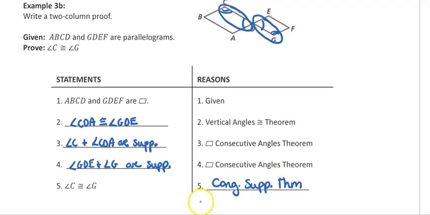What the congruent supplements theorem says is if two angles are congruent to the same angle, then those first two angles are congruent to each other. So because angle C is supplementary to CDA and G is supplementary to GDE, and those two are congruent to each other, it means C and G are congruent.